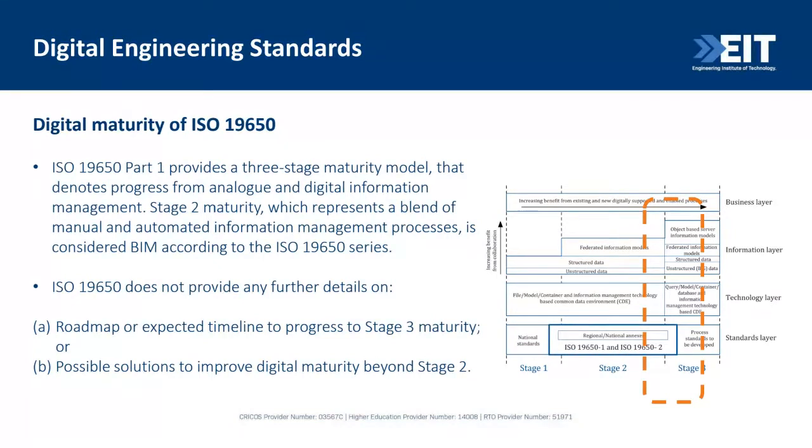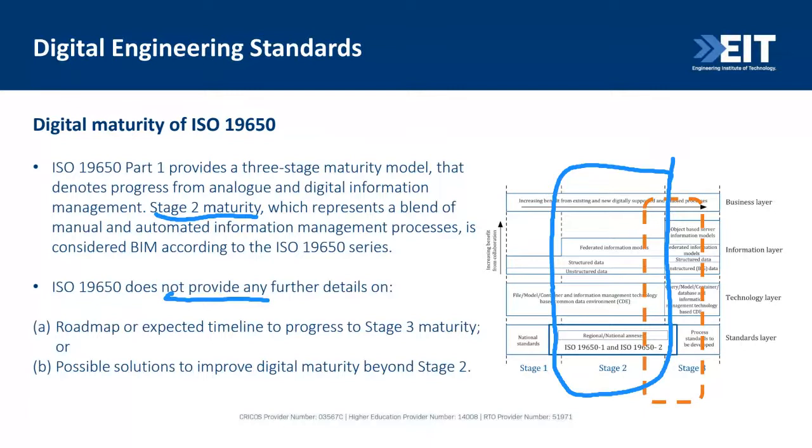Also in the digital maturity of the ISO, as we said, there are 3 stages. Stage 2 maturity is this level in the picture. But this standard doesn't provide further detail on the roadmap or expected timeline of the process for stage 3. Also, it doesn't provide possible solutions to improve digital maturity beyond stage 2.